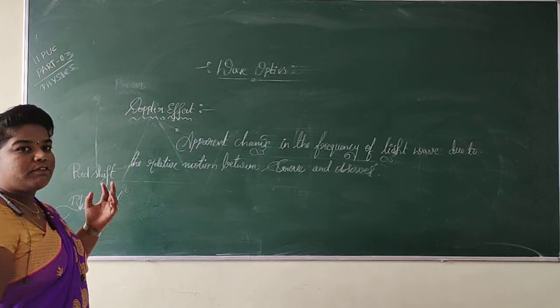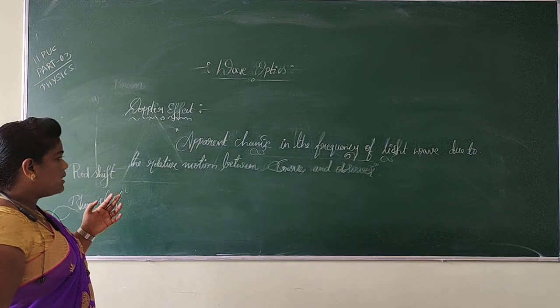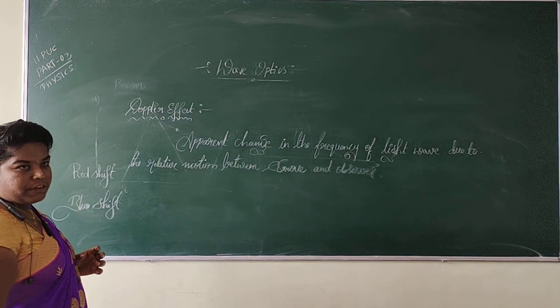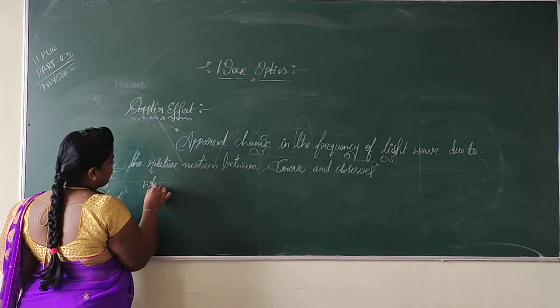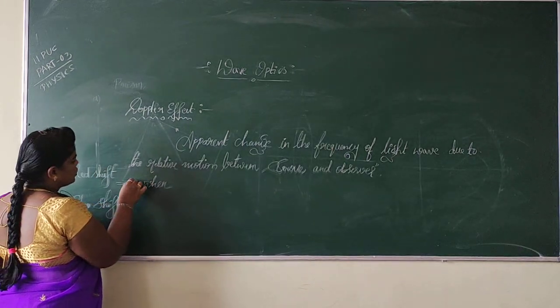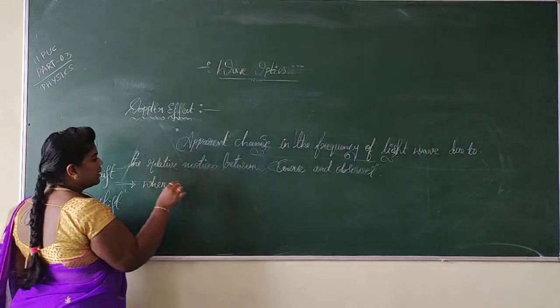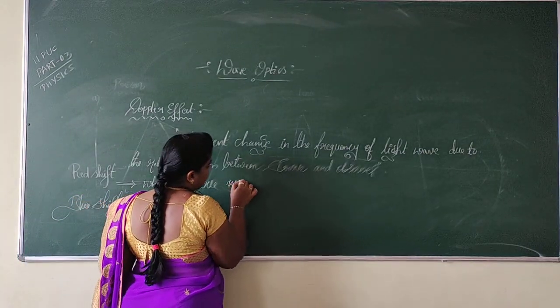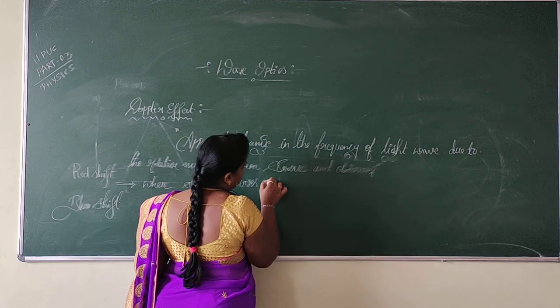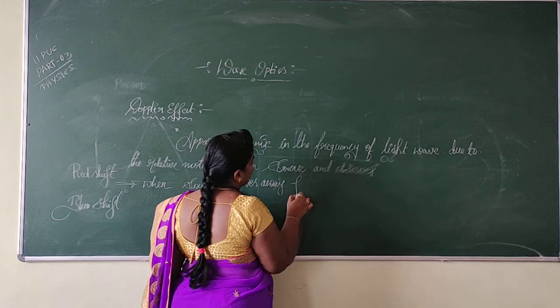So this kind of apparent shift is called red shift. And this red shift is possible when a source moves away from the observer.